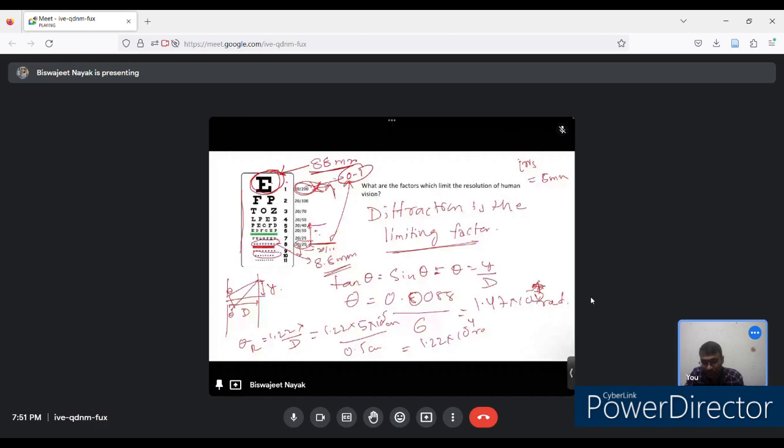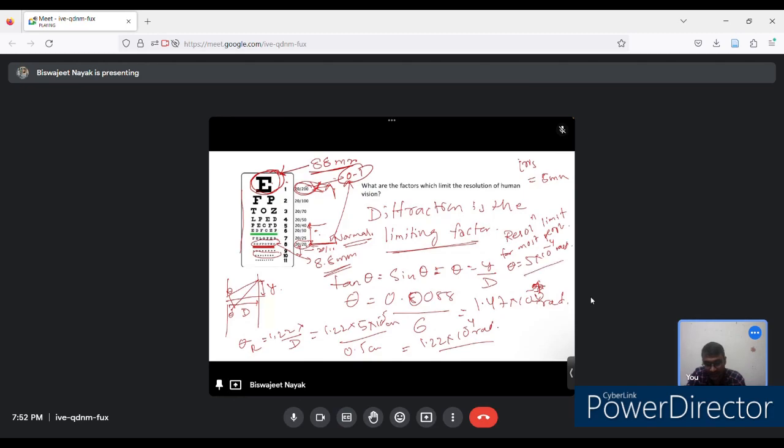For 20 by 20, which is considered normal eyesight, the resolution limit for most people is given as 5 into 10 to the minus 4 radian.